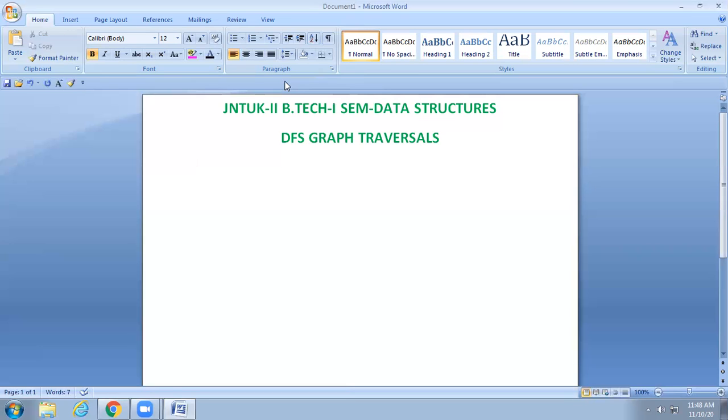So what is the procedure for DFS graph traversal?